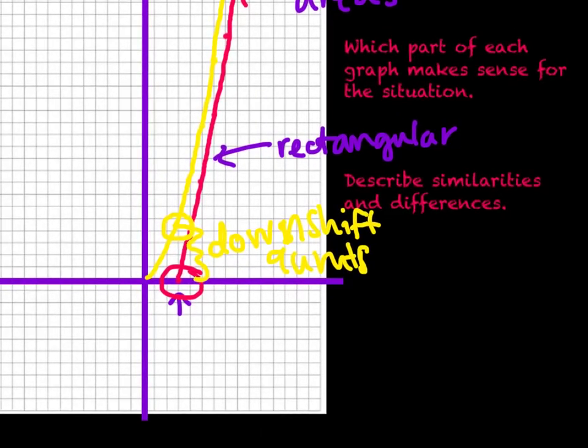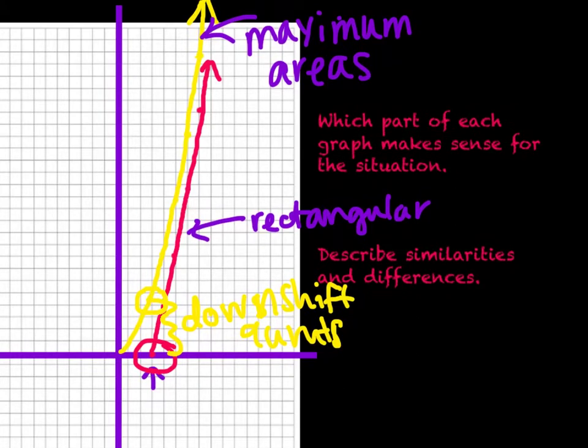So which part of the graph makes sense for this situation? Well, they both do. If we look at the yellow graph and the red graph, we can see that they are shifted. The yellow graph is the same as the red graph, but the red graph is just shifted down.